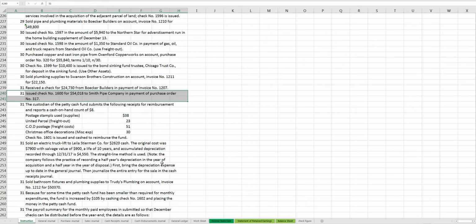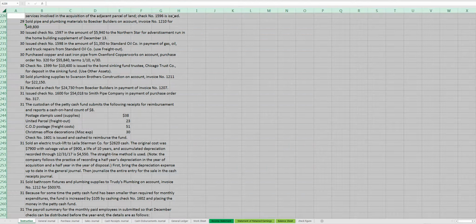All right, next we issue a check for $54,018 to Smith Pipe in payment of purchase order 317. Again, it's a cash disbursement, but I don't know if we need to record any cash discount. So let's find the information for purchase order 317.